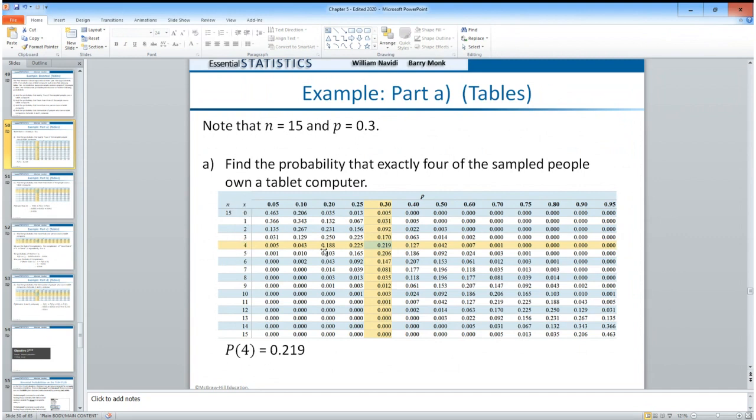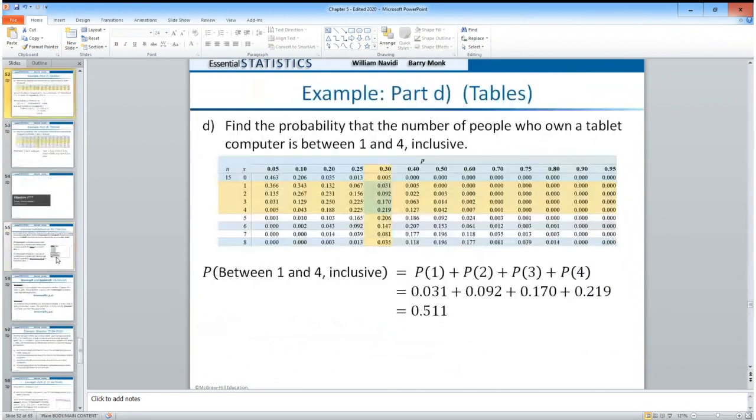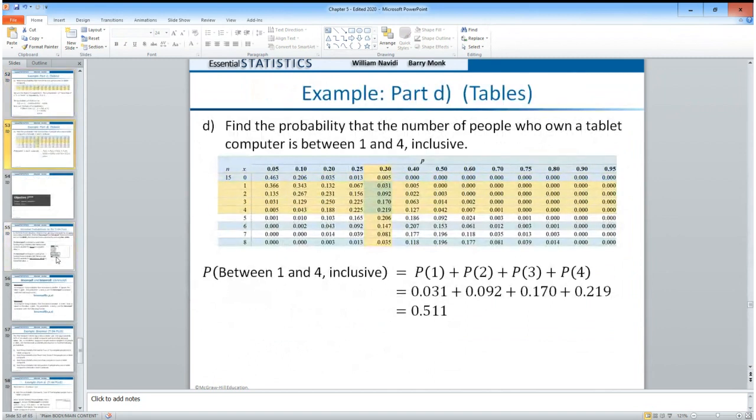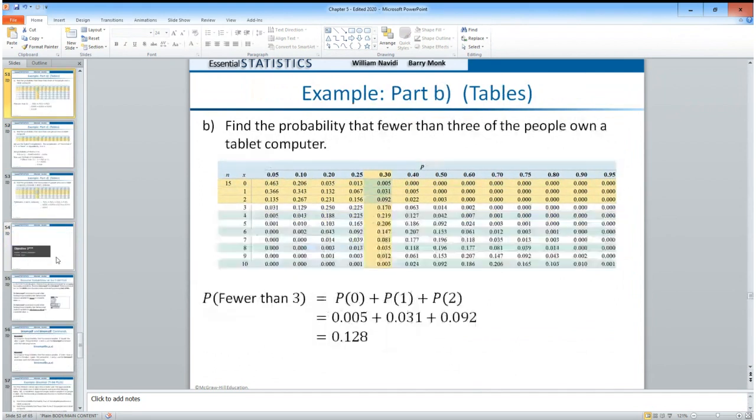But let's do it with the calculator, because the table does make it a little bit easier, because you can just pull the values out. The drawback is they're not going to be as accurate as a calculator, or even by hand for that matter.